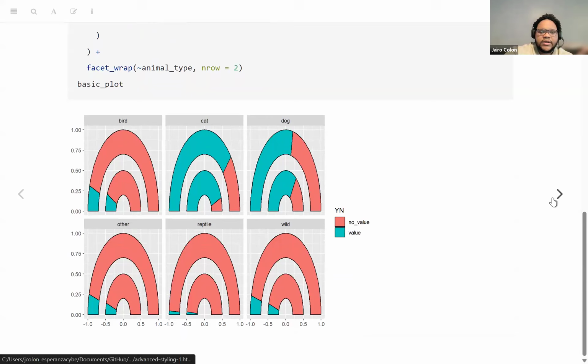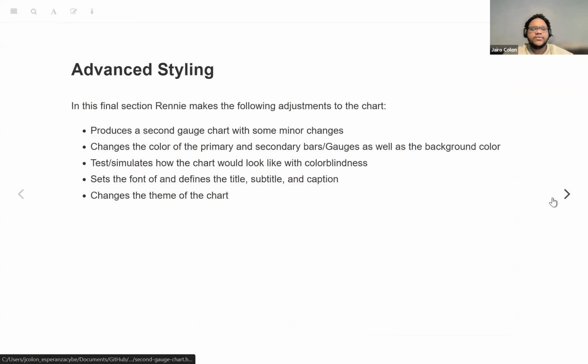She then goes on to do the stylistic changes. So the highlights of what she does: she produces a second one with some minor changes. She changes some of the bolding in the section or removes some of the lines in the sectioning. She changes the color of the bars and the background as well.